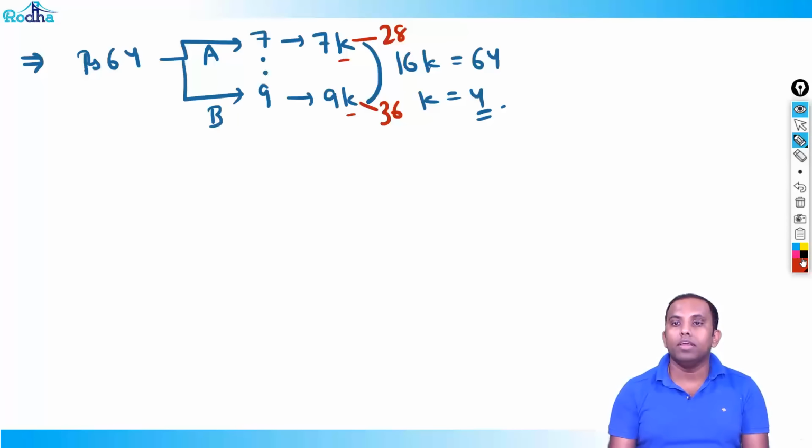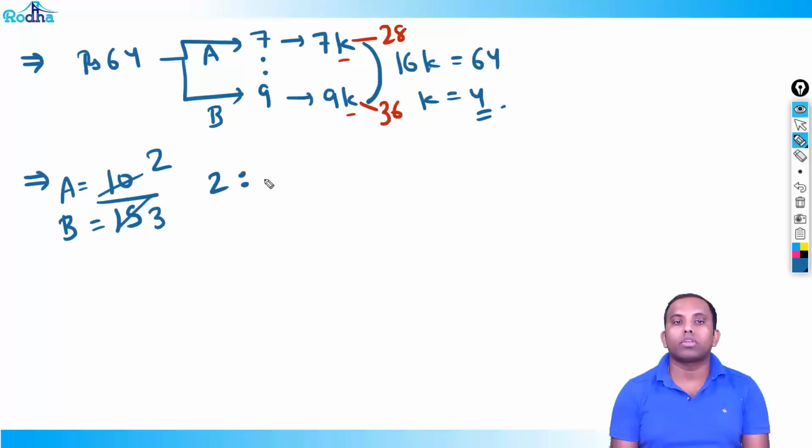Basically, see how the ratio comes. If I'm cancelling, like 10 by 15: A has 10 rupees and B has 15 rupees. What is the ratio? 10 by 15. If I cancel by 5, it's 2 by 3. So I say, okay, 2 is to 3 ratio.